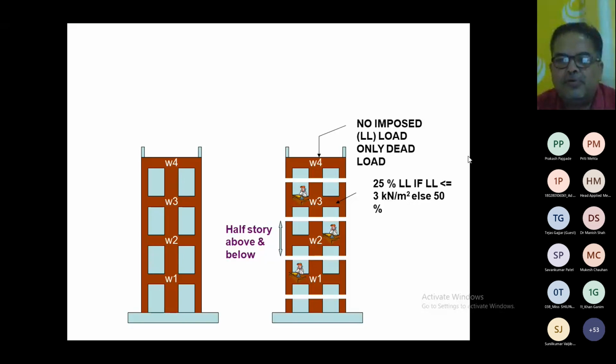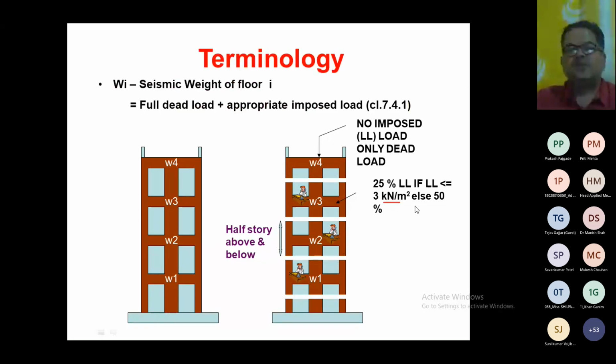We are assuming that no imposed load acts on the terrace, only dead load. We also say that 25% of the imposed load is considered in the seismic weight if the live load intensity is less than 3 kN per square meter. If it is more than 3 kN per square meter, we assume 50% live load, right? So the seismic weight is the full dead load plus the appropriate imposed load.